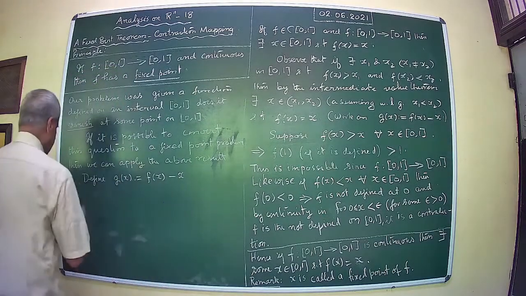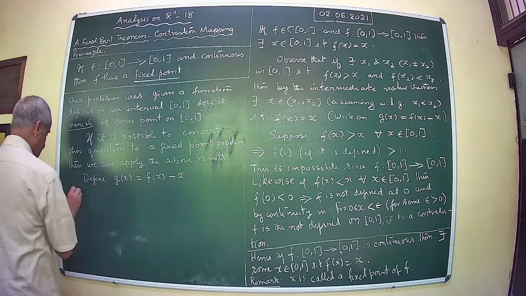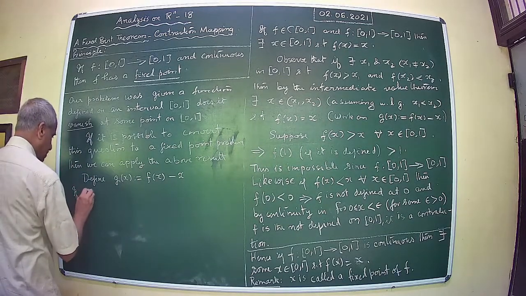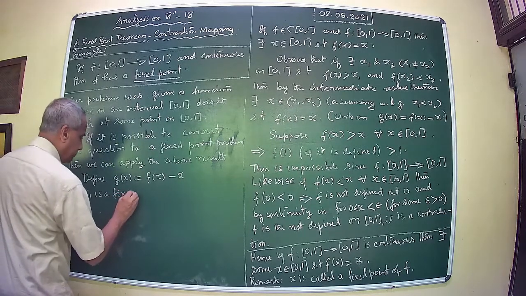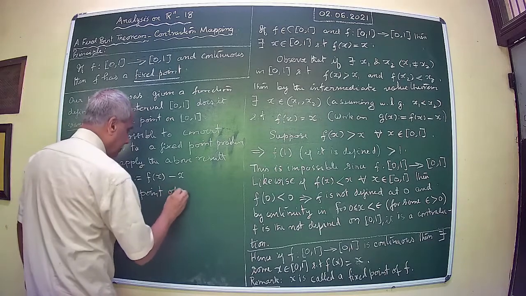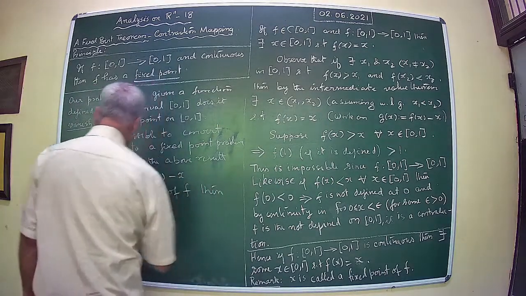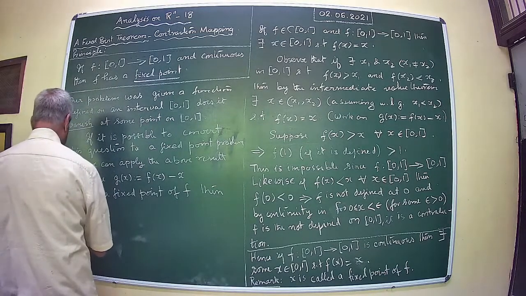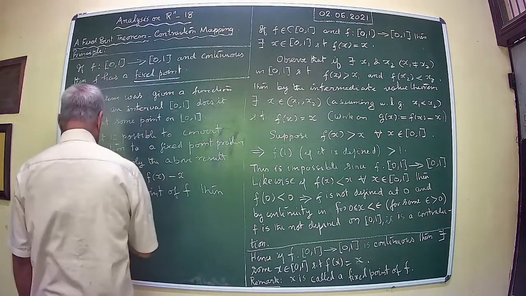If g has a 0, see that if x1 is a fixed point of f, and vice versa.